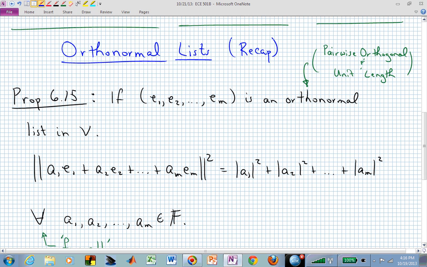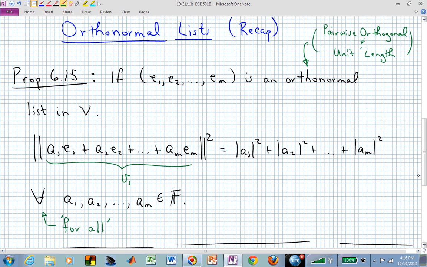this linear combination a sub 1 e sub 1 plus a sub 2 e sub 2, etc. And these a sub 1 through a sub m are any scalars in our field, let's say blackboard bold F. And that upside down capital A simply is a shorthand way of writing for all.